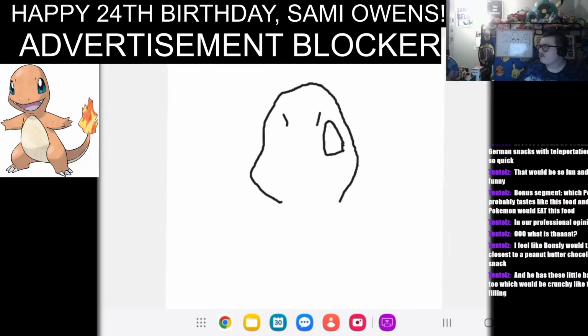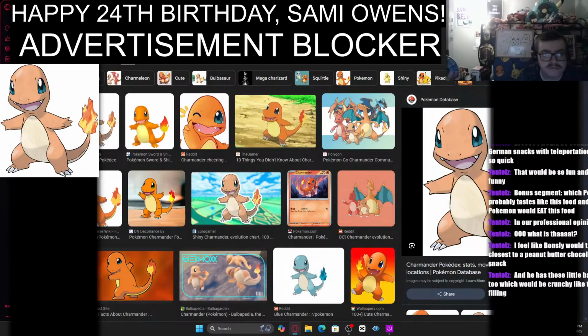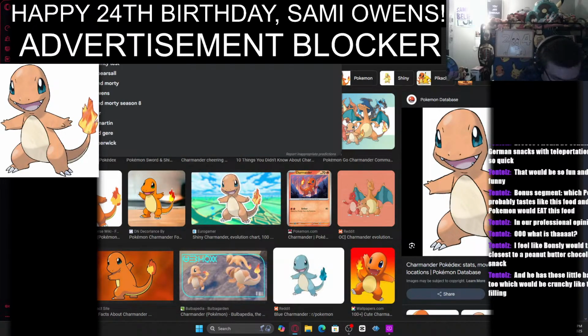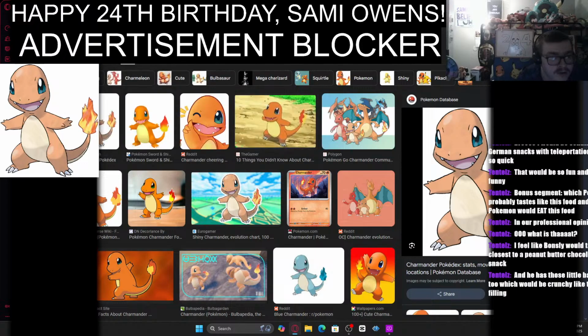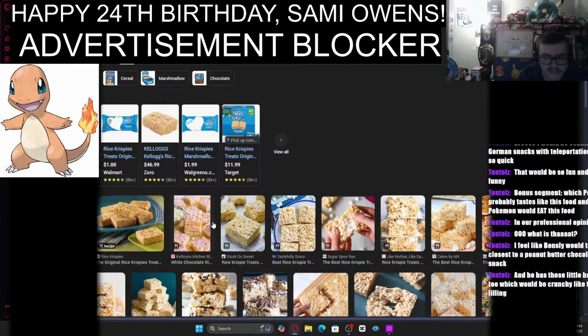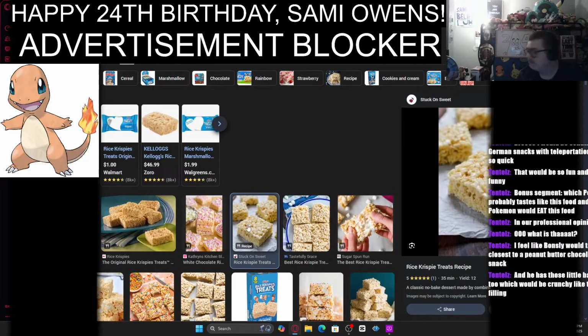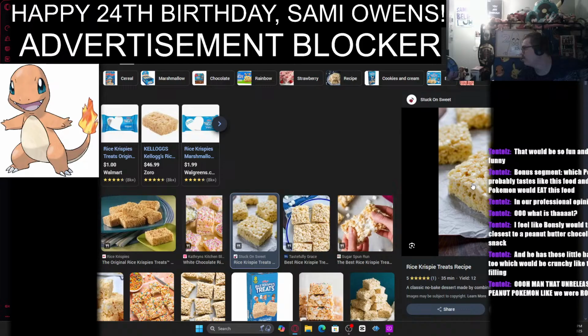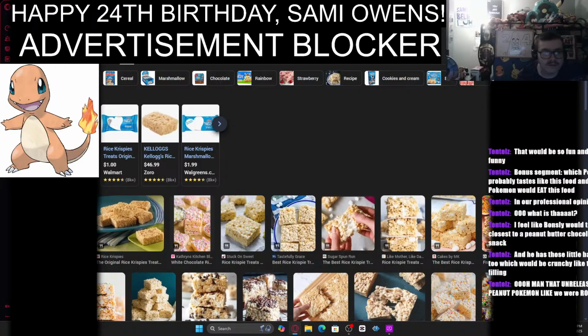Rice Krispie treats are more like little cereal pieces made of rice. I mean, that unreleased peanut Pokemon, like we were robbed. Exactly. I mean, I love Breloom.